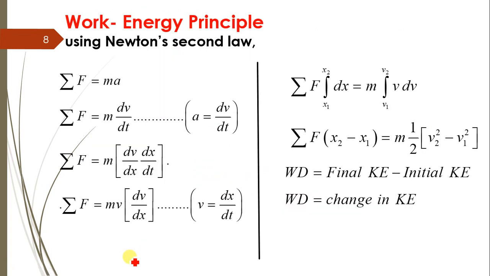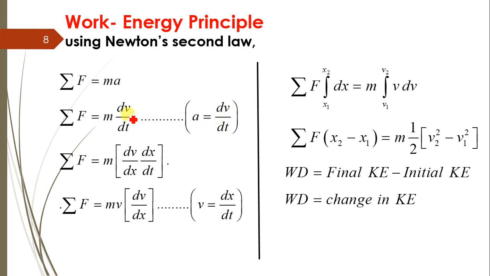Now next is the work energy principle. To find this, we are using Newton's second law, which we discussed in the previous video, that the summation of forces acting on the object or particle is equal to the inertia force. So summation of F is equal to m into a. Now we know a is the acceleration, the rate of change of velocity with respect to time.